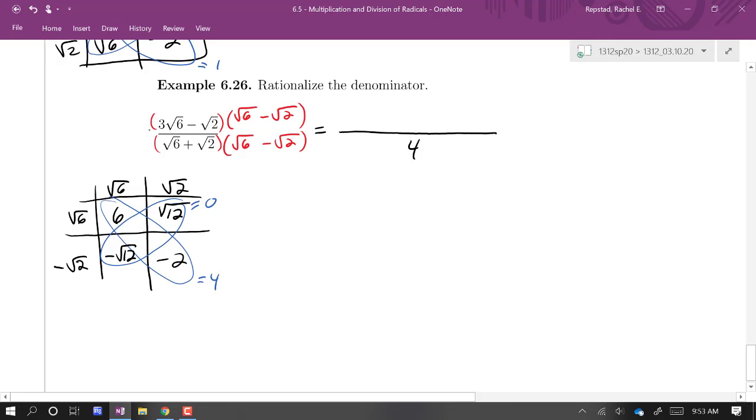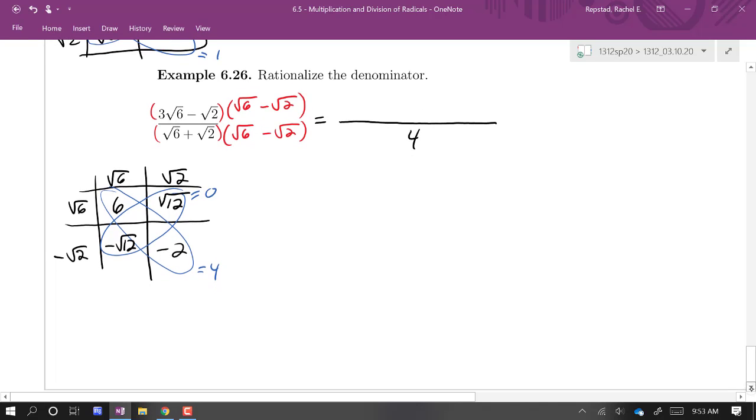And for the product on top, let's see, 3 root 6 minus root 2 multiplied by root 6 minus root 2.